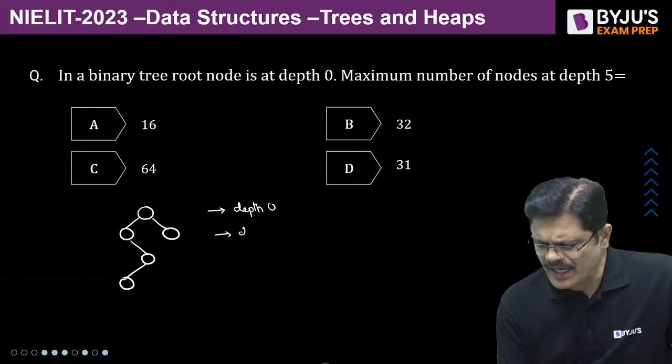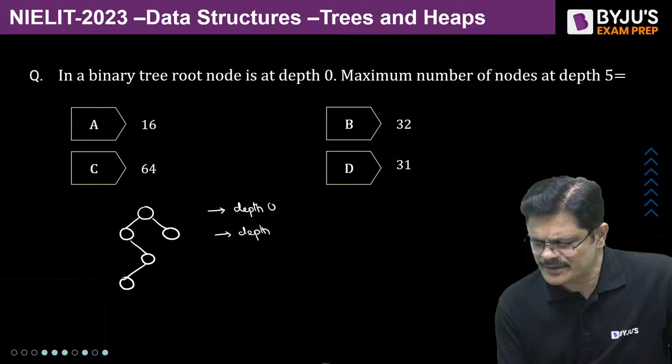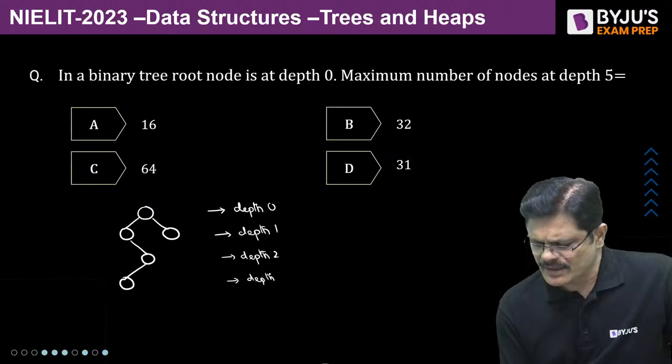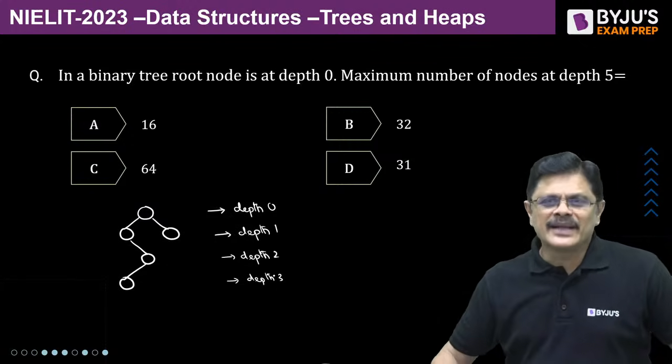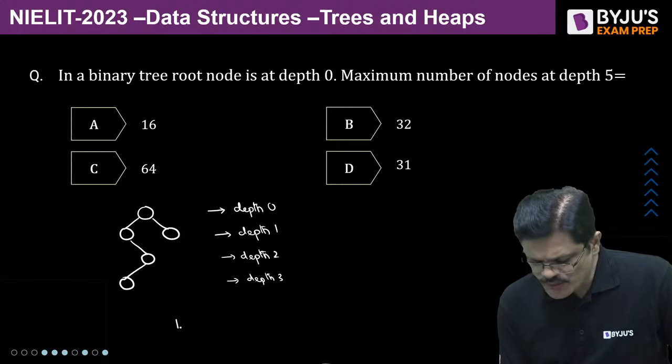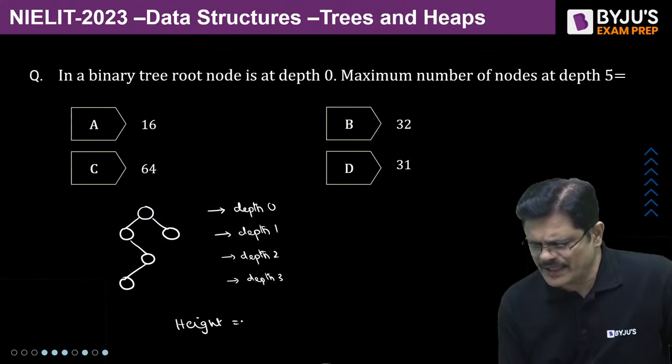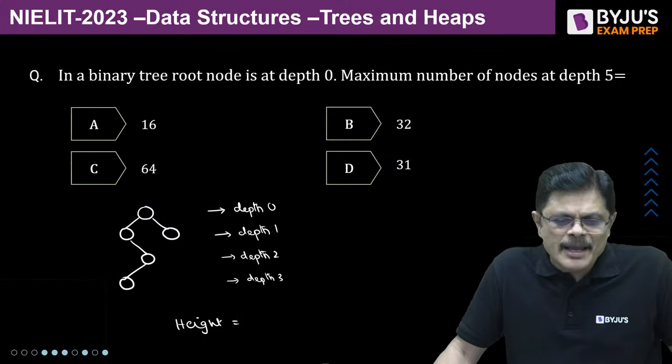The children are at depth 1. Their children are at depth 2. Their children are at depth 3. So the maximum depth possible is what is known as the height of the binary tree, my dear friends. So the height of the binary tree is the maximum.